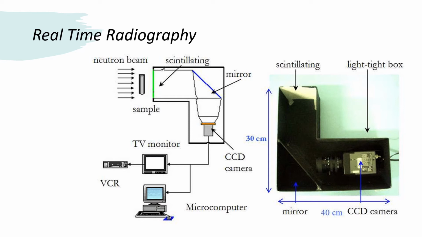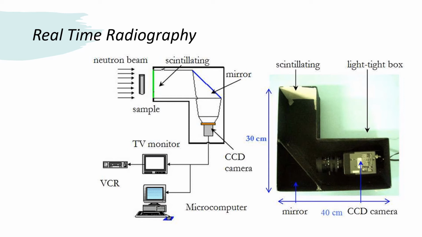The image intensifier is a large glass enclosed electron tube. The function of the image intensifier is to convert radiation to light, light to electrons for intensification, and electrons back to light for viewing.